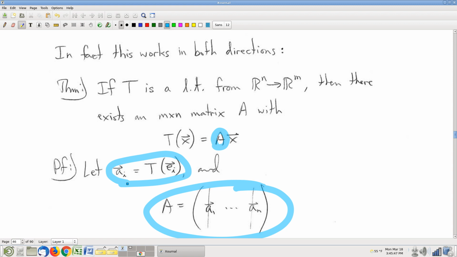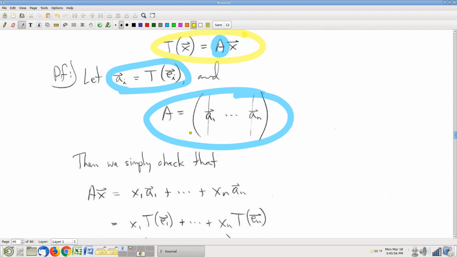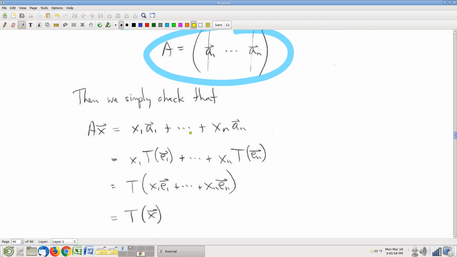What I'm supposed to show is that this matrix A exists and has this property. I'm supposed to show that T of X is AX, and I'm going to show that T of X is AX by direct calculation. And you can see here it is. I'm going to start with AX, and I'm going to get T of X as required here.